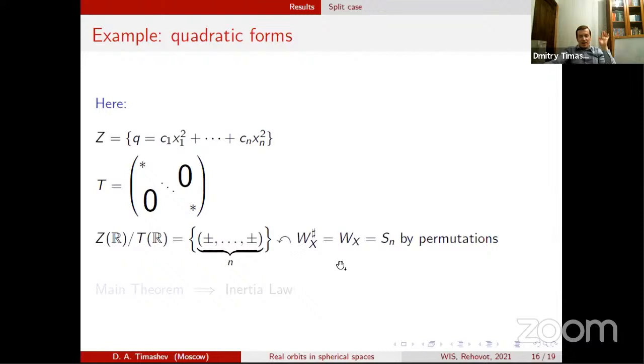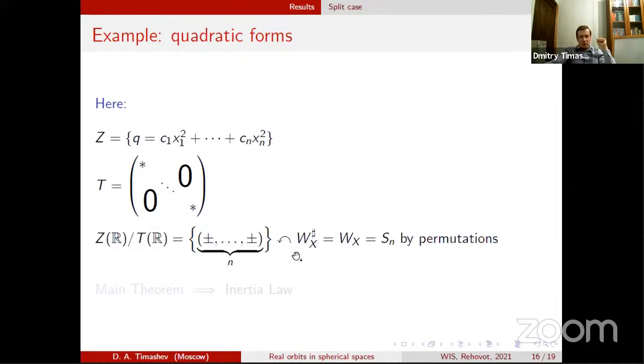there naturally acts the symmetric group, the group of permutations of degree n, which in this case is equal to the Weyl group, to the little Weyl group, and to the very little Weyl group, and also to the big Weyl group, of course. So here I can insert W also. In this case, all these groups coincide. And the action is natural.